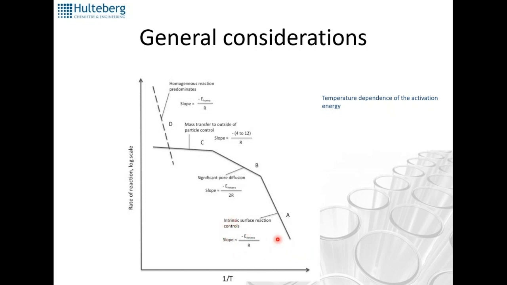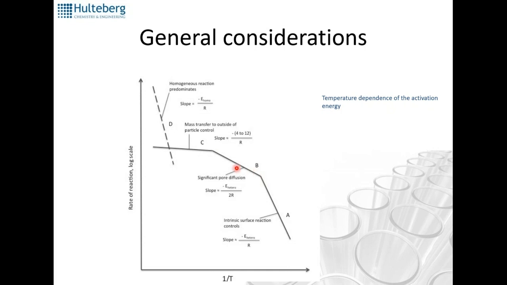So it's the heterogeneous reaction divided by the gas constant. But when we start increasing temperature, we actually consume the reactants faster than we can get them to the surface. And then we get into a diffusion limited system where the transport of reactants inside the catalyst, this is for heterogeneous catalysts, is the rate limiting step.